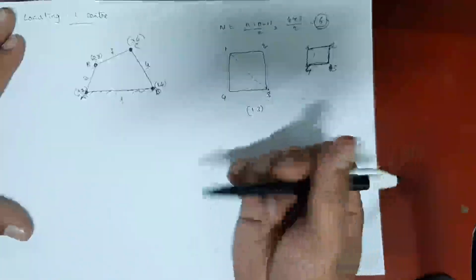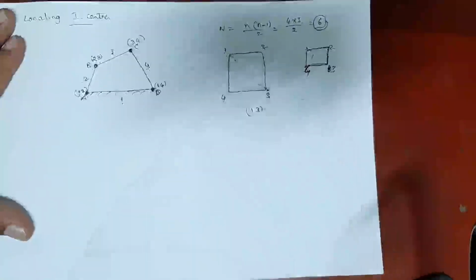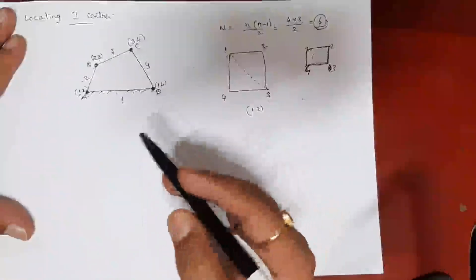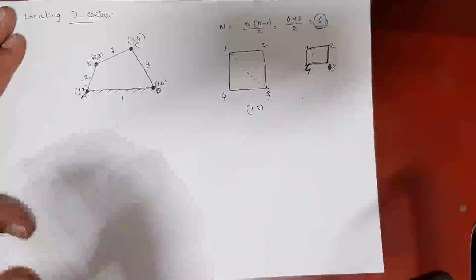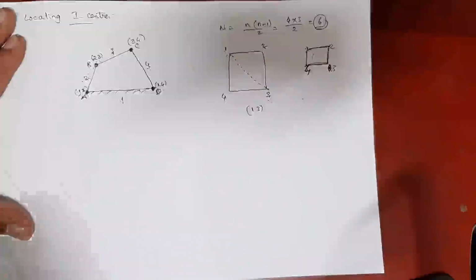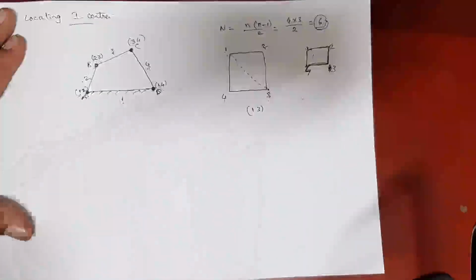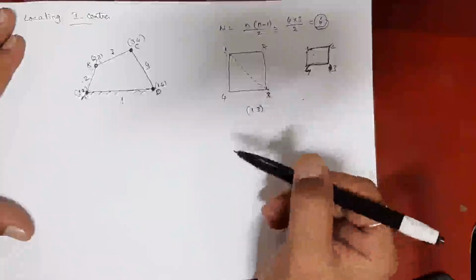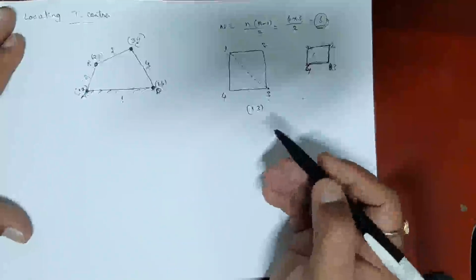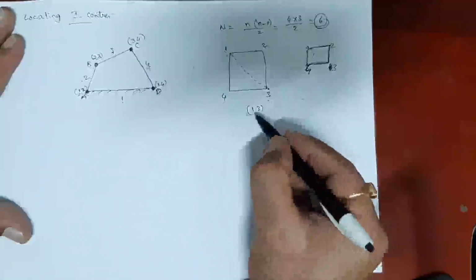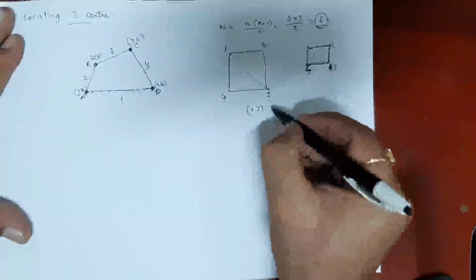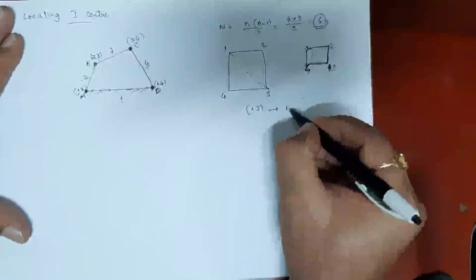So to locate 1 3 we use Kennedy's theorem. The three eye centers lie on a single straight line, that is the Kennedy's theorem. So to locate I3 we take the links 1 2 3.